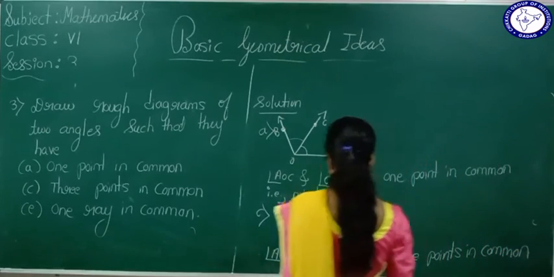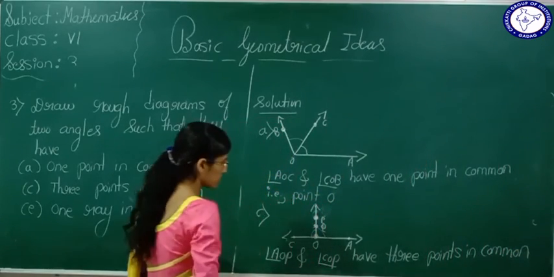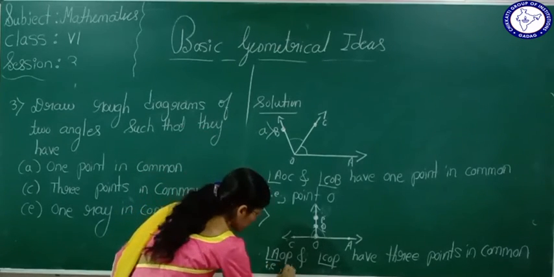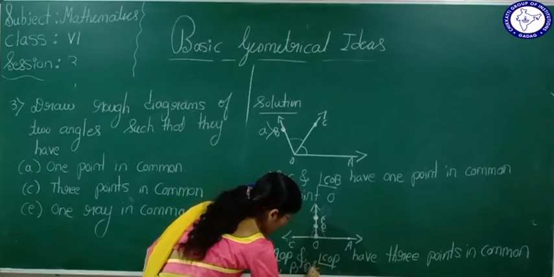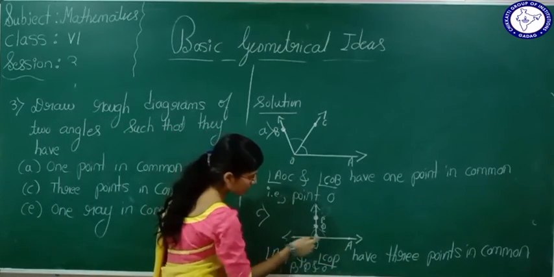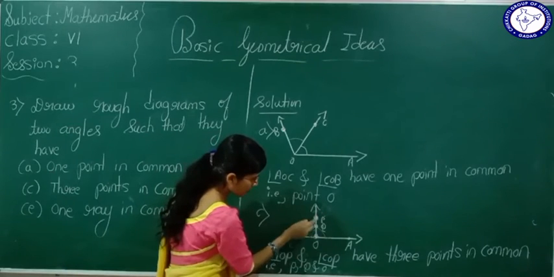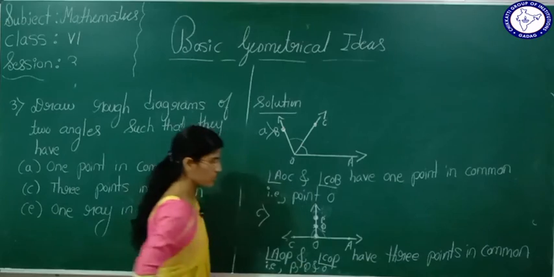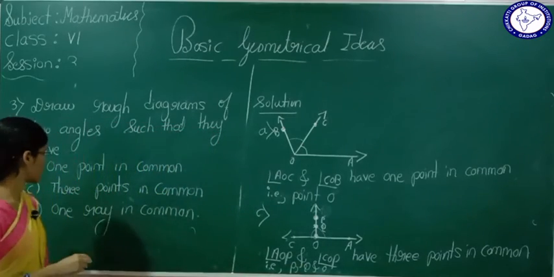P, Q and O. Okay, see here, angle AOP and angle COP have 3 points in common. Which are those? Point P, point Q, point O. Is it understood? This is about the C1.